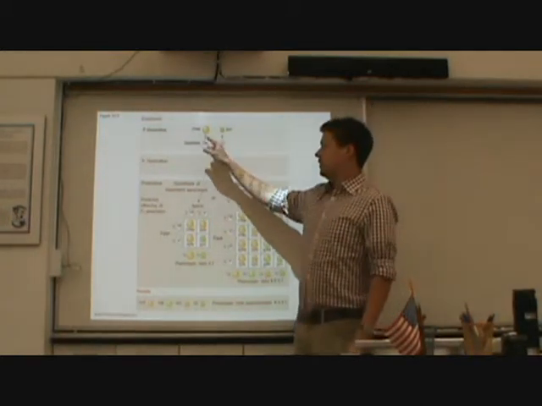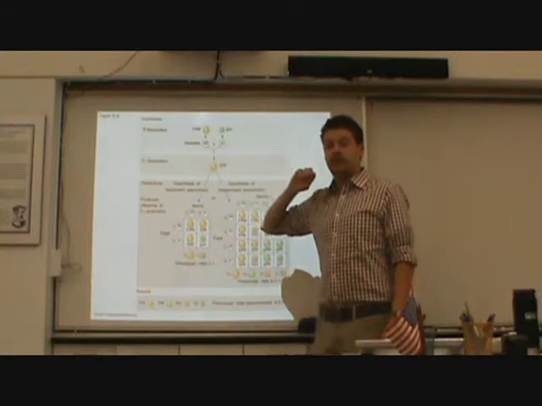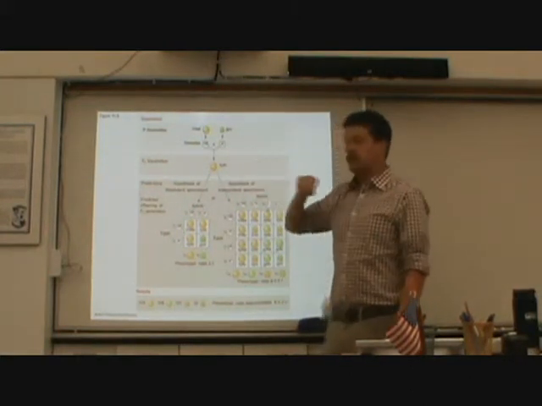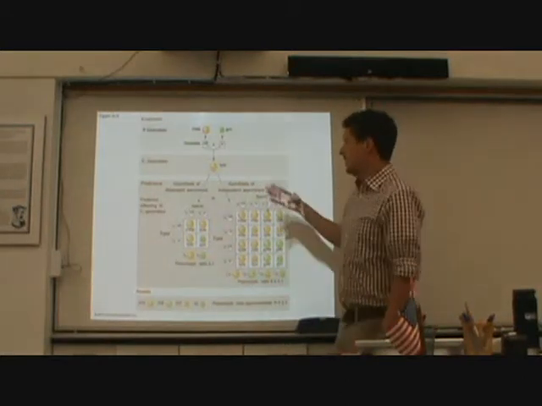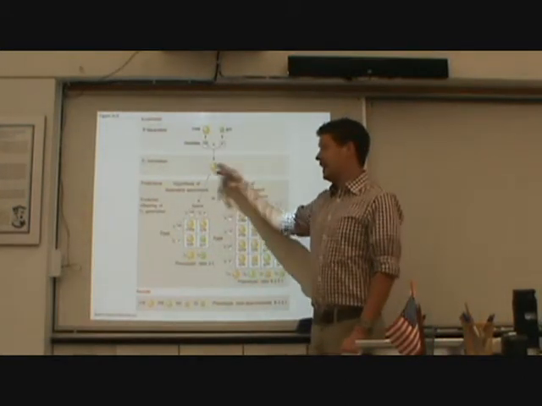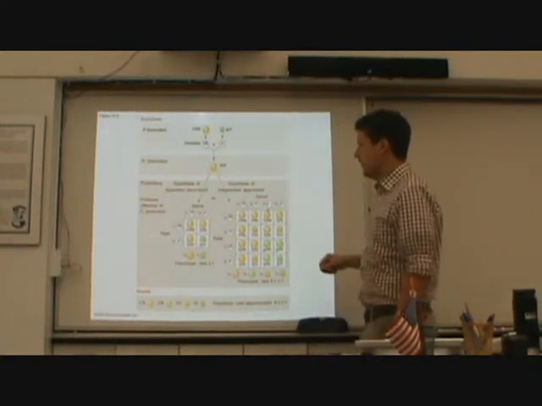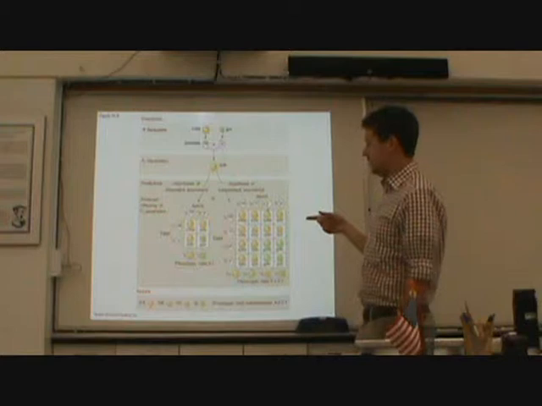So he crossed one parent that was homozygous dominant for both traits, and the other that was homozygous recessive for both traits, got a dihybrid, big Y, little y, big R, little r, and then bred that with itself.